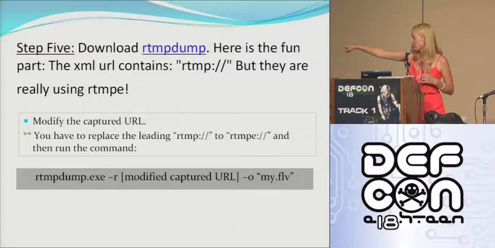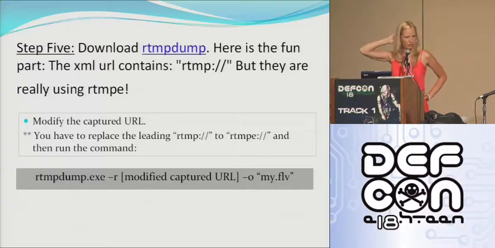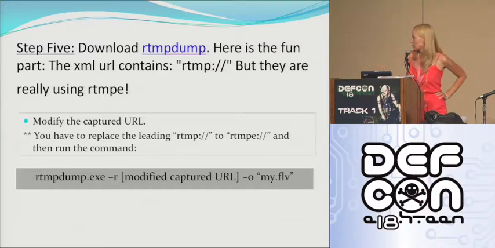So that's the syntax down there for RTMP Dump. It's the executable, minus r, because you're downloading an RTMP stream. The only other option I think for RTMP Dump is minus host. Then the modified captured URL, and then the output of your FLV name.